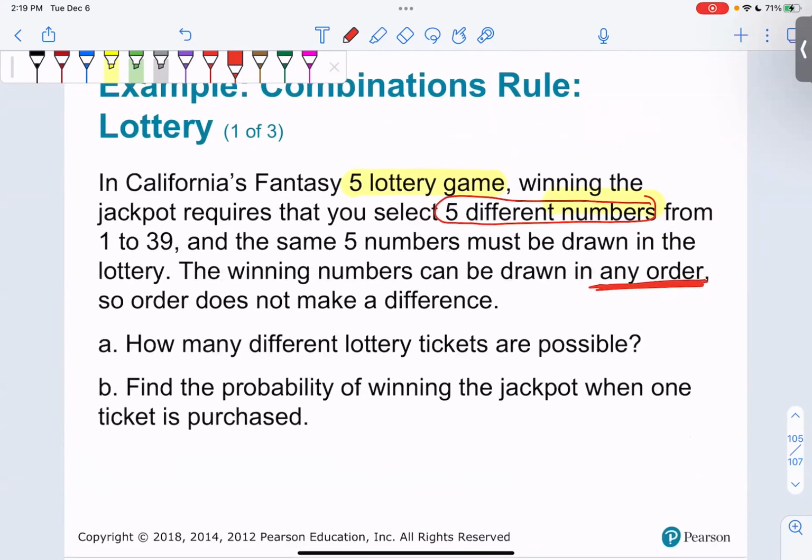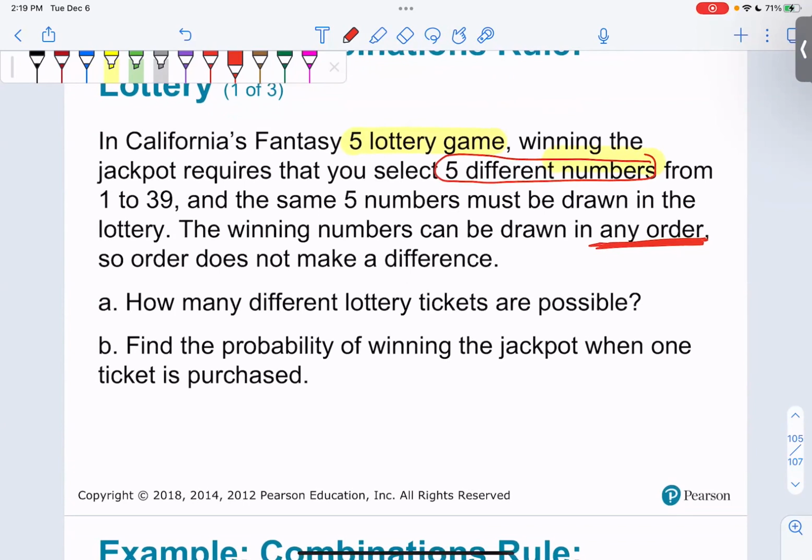So we have numbers from 1 to 39. Then we have to select how many numbers? 5, right here. It's 5 different numbers out of 39, because we didn't start from 0, we started from 1. If we started from 0 to 39, then it would be 40, but now it will be 39.